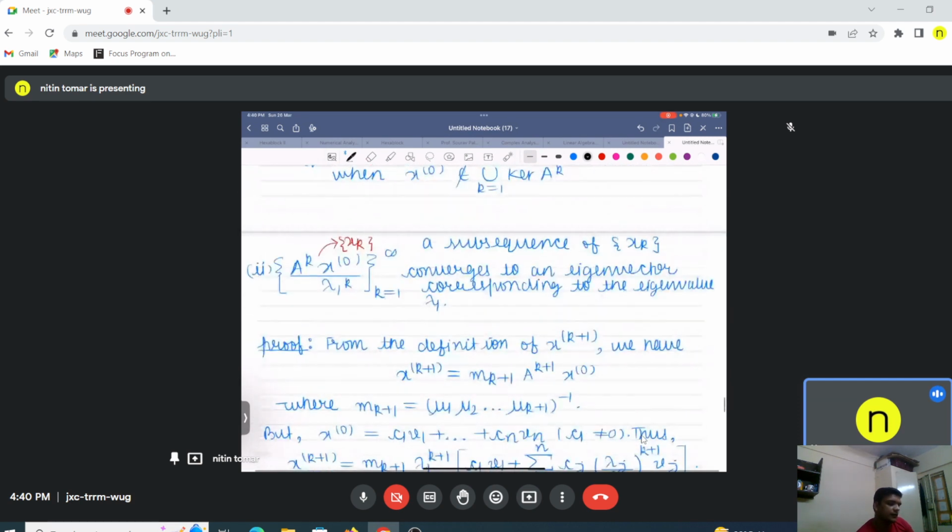Okay, here you just see we have in the conclusion that a subsequence of xk converges. We are not saying the sequence itself converges. So that is some precaution that one has to take care of. But if we assume certain extra condition, then this sequence will indeed converge.